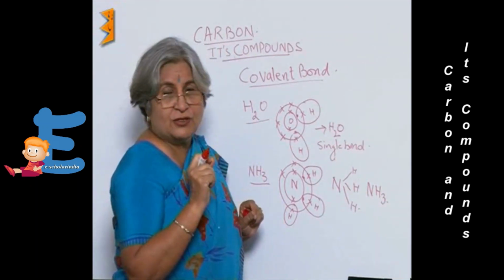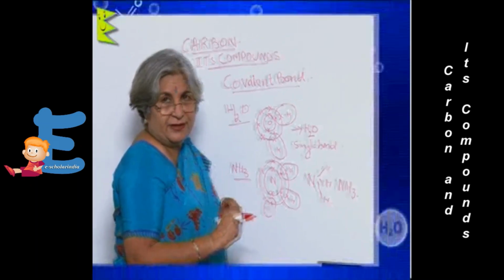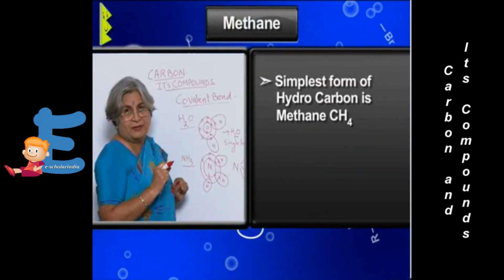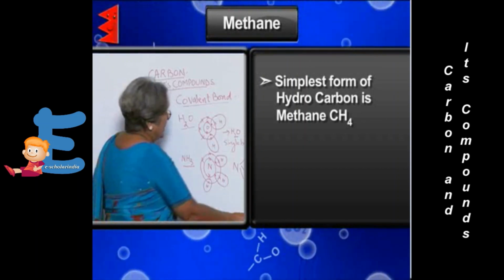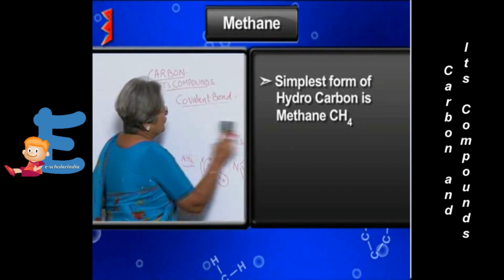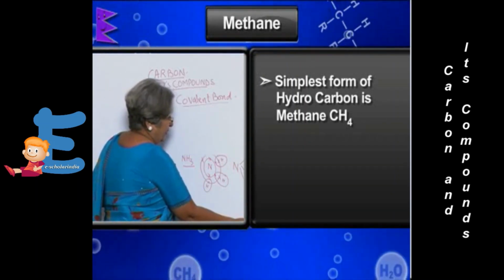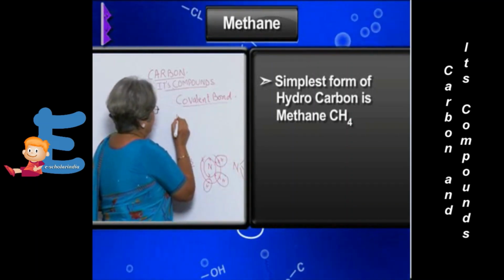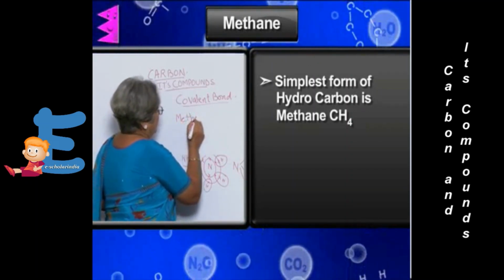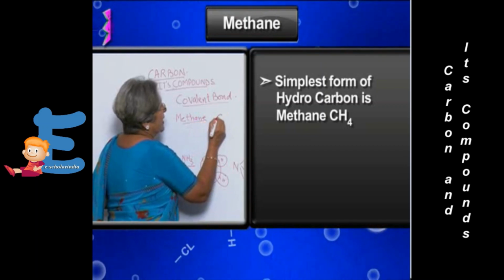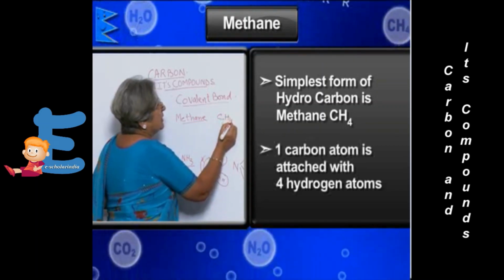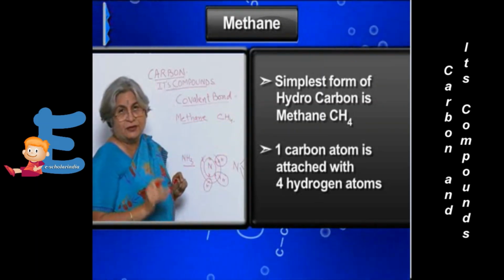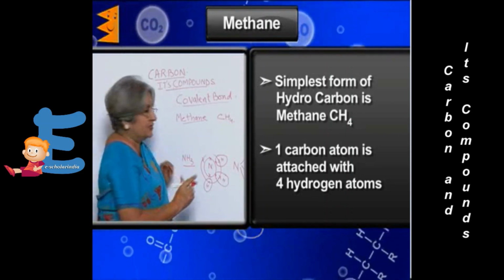The carbons also attach with hydrogen, and the simplest form of hydrocarbon is called methane. Its formula is CH4. That means 1 carbon atom will be attached with 4 hydrogen atoms.